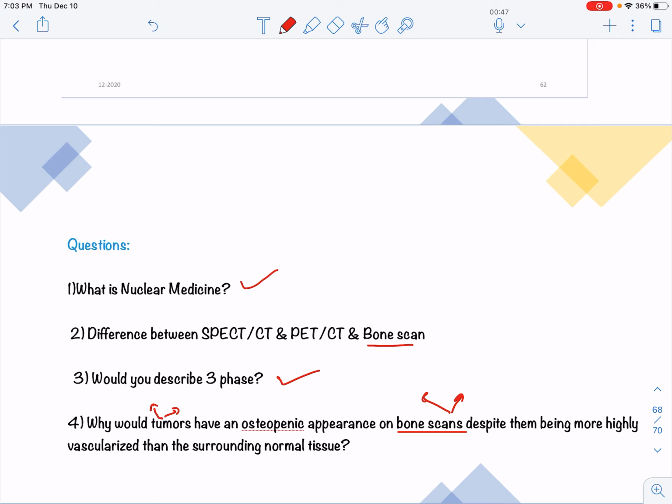Bone scan cannot detect that. The main reason is that the technetium, when we attach it to the phosphate family and inject it to go to the bone, if the tumor, how it reacts and how it behaves, won't pick up this tracer. Depending on the kind of tumor, we determine if the bone scan is going to be osteopenic or not. Okay.